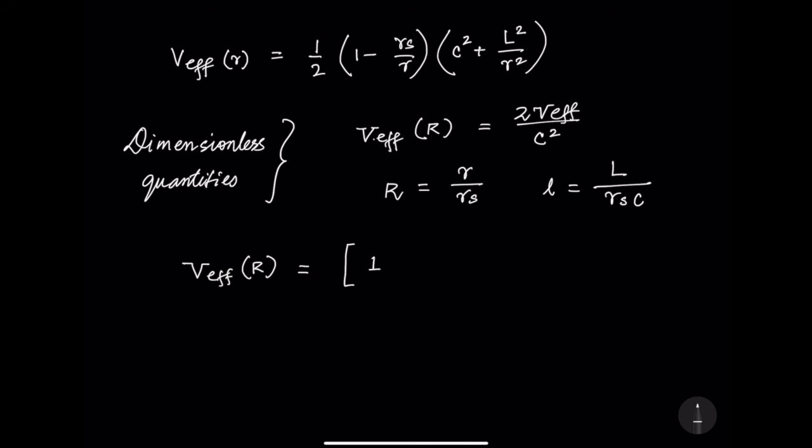This is 1, minus 1 by R, plus l square by R square, minus l square by R cube.